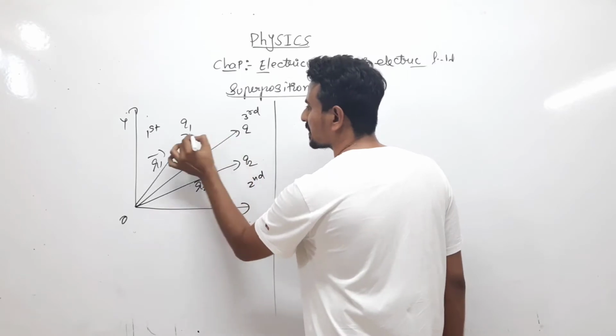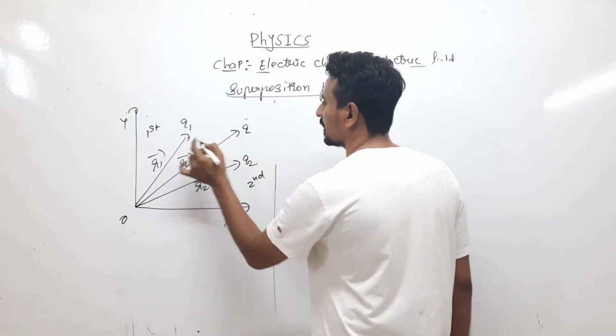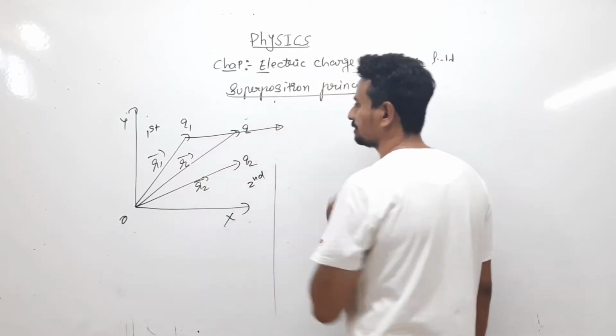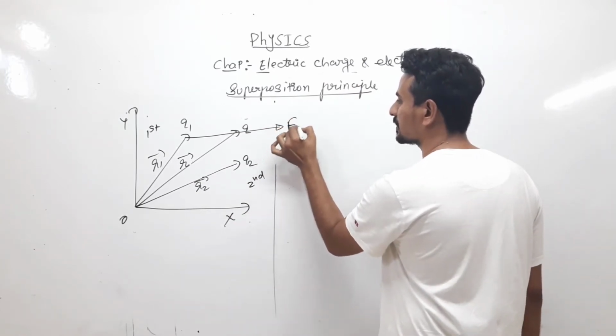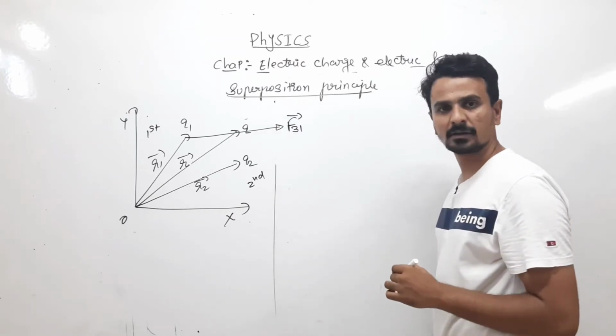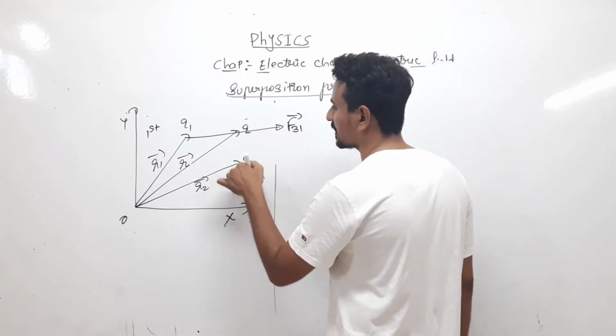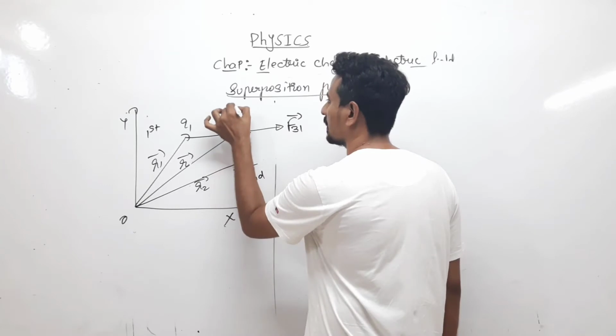Clear? So according to the principle of superposition, we will calculate the force on the third charge using Coulomb's law. The force on the third charge because of the first charge will be in this direction. And the second charge will exert a force in this direction.